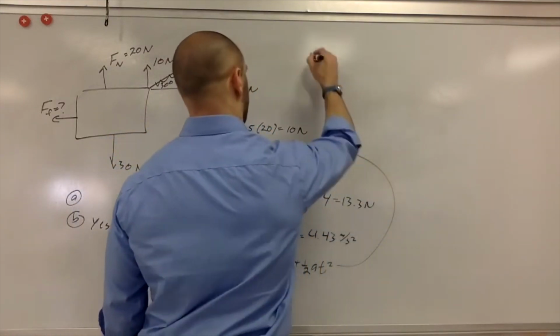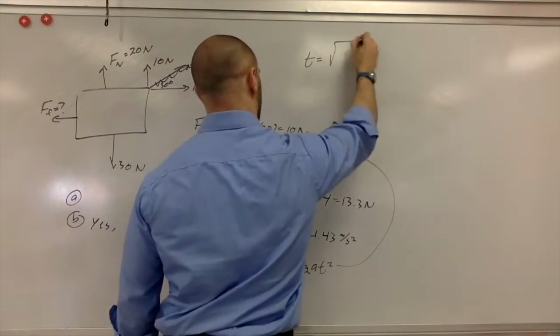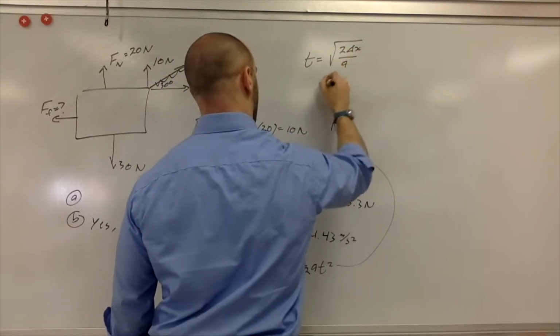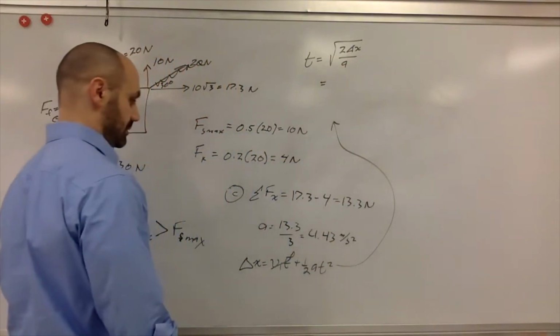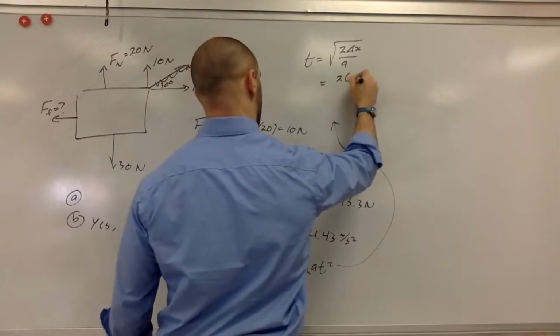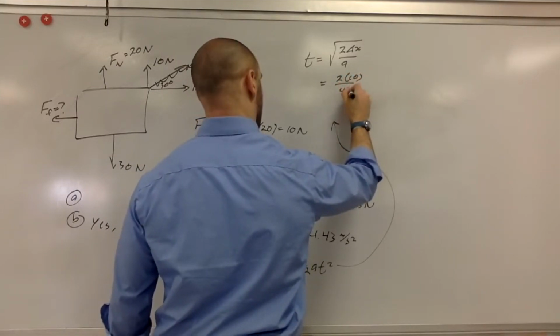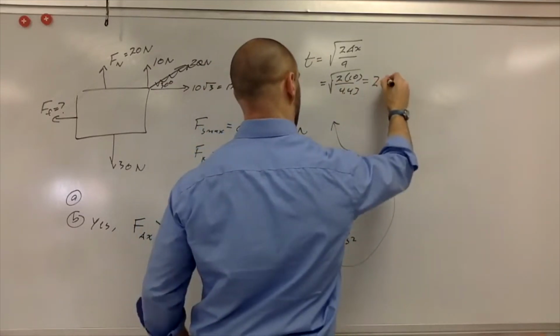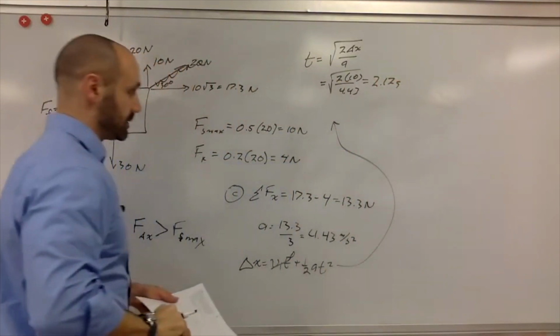So the time is the square root of 2 delta x over a. It's a bunch of algebra, quickly. This is 2 times 10 divided by 4.43. Take the square root, and you end up with 2.12 seconds.